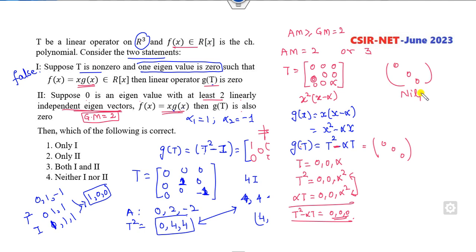This is a nilpotent matrix, and this is the x cube. So if this is a nilpotent matrix, x square will also be 0, because this is my g of x in this case. So in this case it is also 0. So it means this is the correct statement. Once this is the correct statement, only 2 is the correct statement, the right answer of this exam.